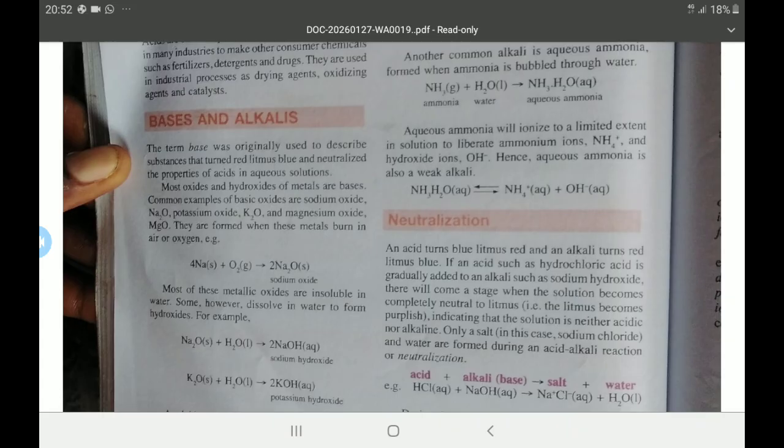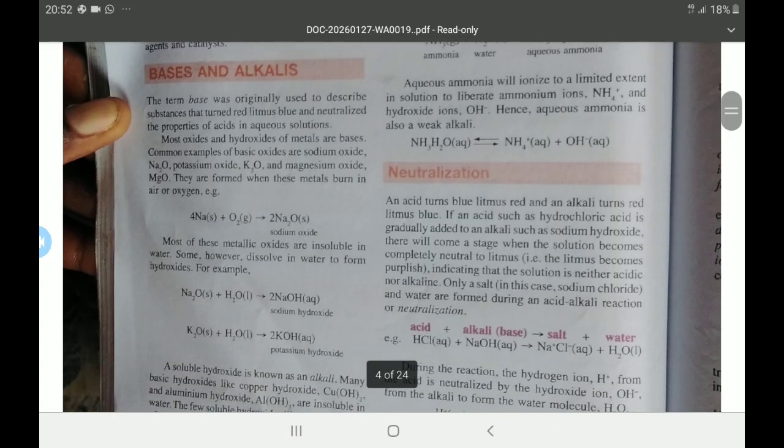For example, we have here sodium hydroxide: Na2O plus H2O, that's water, gives us sodium hydroxide. The next one is potassium hydroxide: potassium oxide plus water gives potassium hydroxide, aqueous.